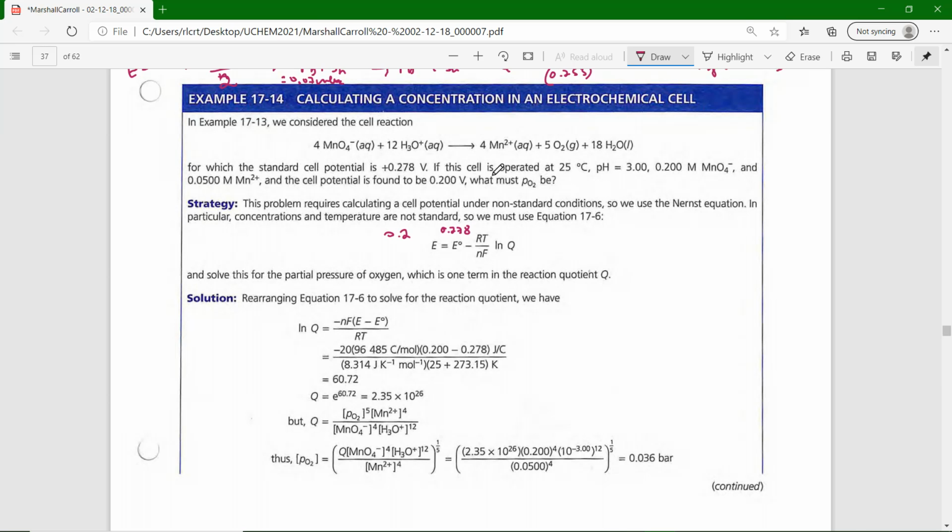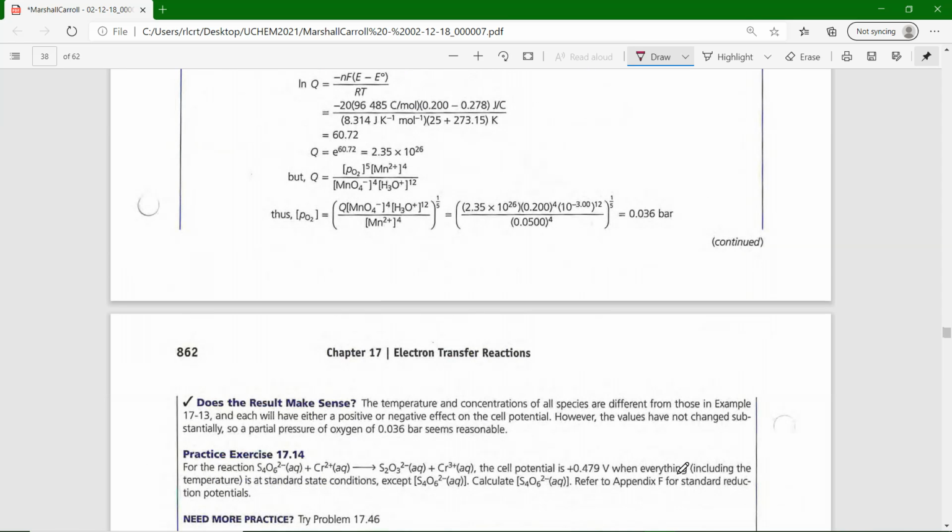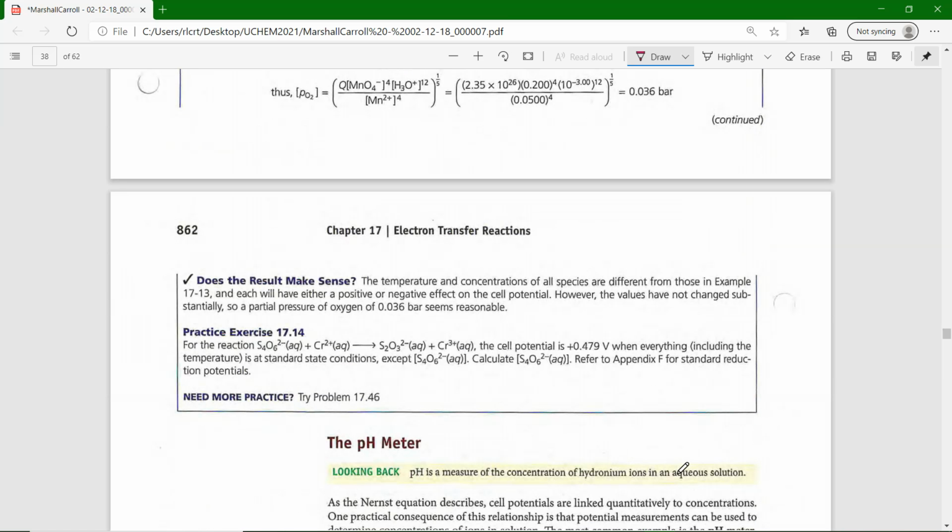But now what else are we given? We're given the MnO4 minus, we're given the Mn2 plus. So you got to solve for the partial pressure of oxygen. So you end up going to take the fifth root of something, and you end up with 0.036 bar. So you figure that out, and you should get that value. Okay. And you can also try practice exercise 17.14.